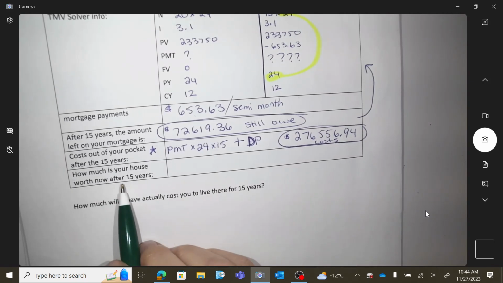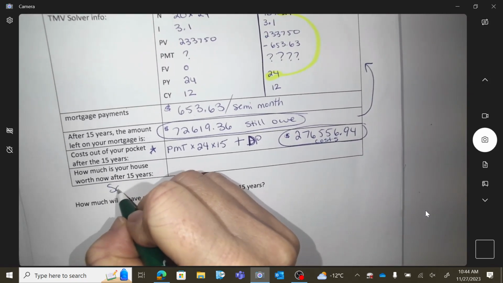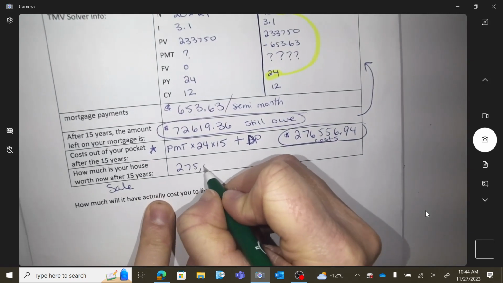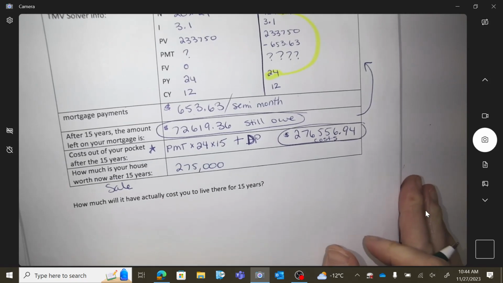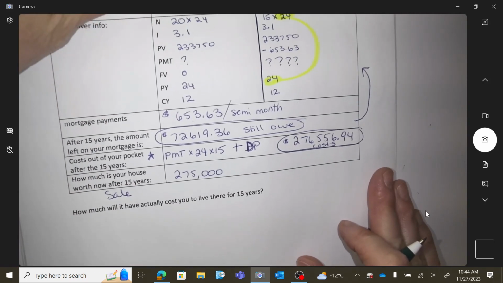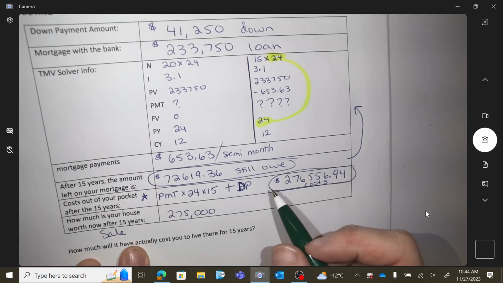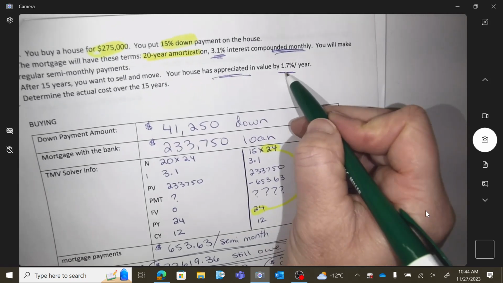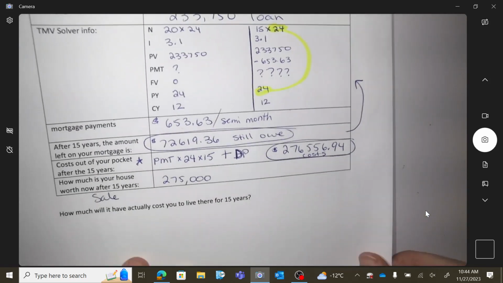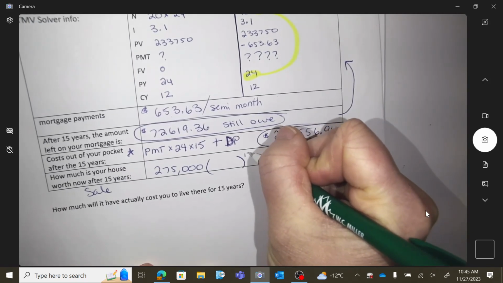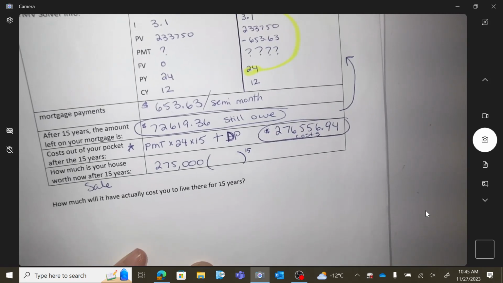Okay, so now remember we sell our house. So let's talk about the sale of our house. So we started with a $275,000 house. Okay, we appreciated 1.7% every year for 15 years.